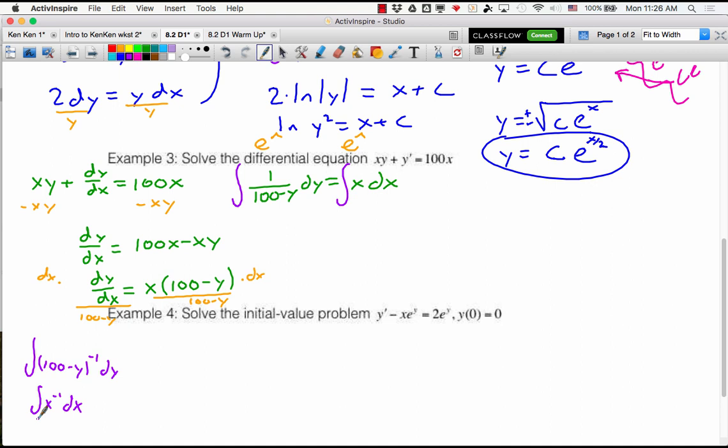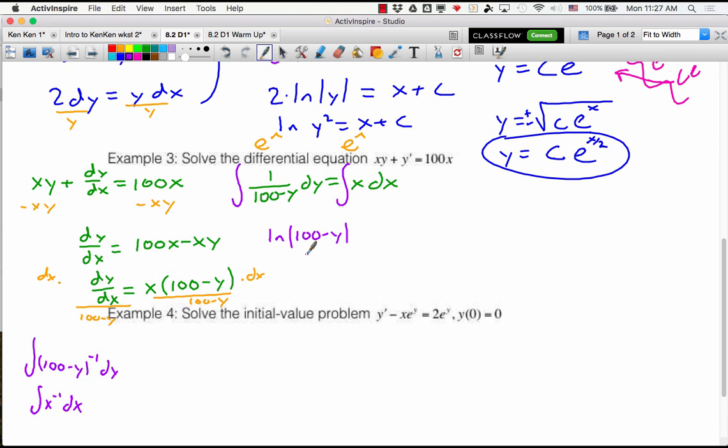So why is this not the natural log of 100 minus y? Why is this not true? Okay, one at a time. Keely. If it's just x to the negative 1, you can do natural log of this. But what are we doing here, Ella? The derivative of negative y is negative 1.